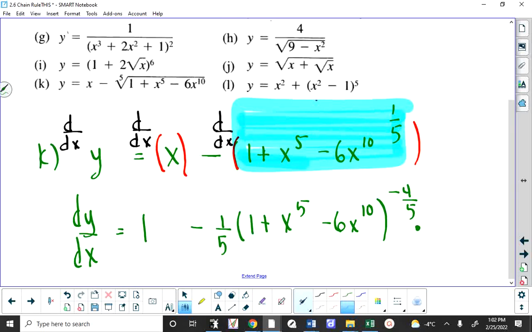In other words, what I did up at the top where I wrote those black d/dx's, I'm going to do to everything inside the brackets down here. The derivative of that is 0 plus 5x to the 4 minus 60x to the 9. And we're done.